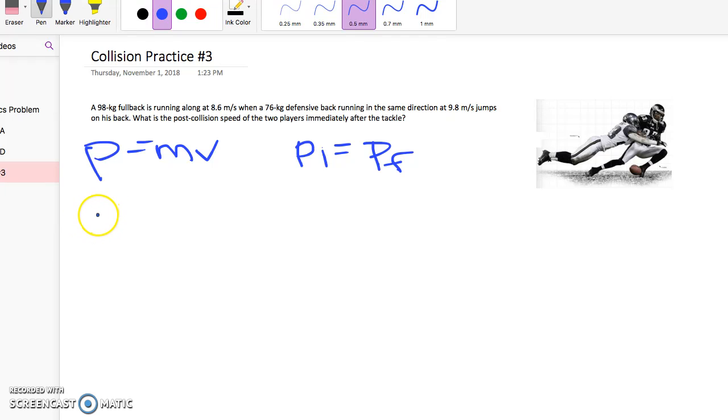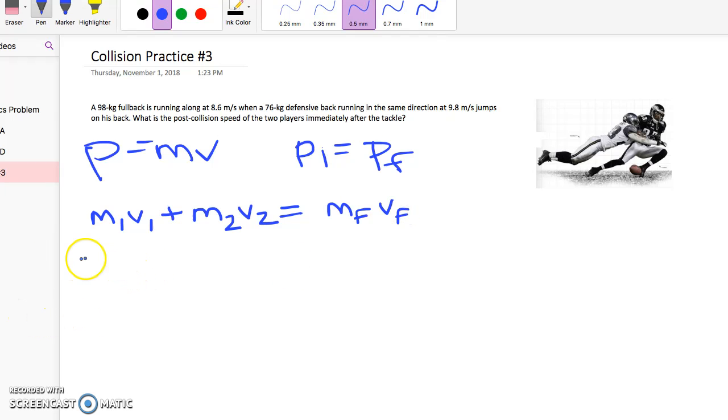So we can set this up: m1 v1, that describes our fullback, plus m2 v2, which describes the defensive back. And after the collision, they are together. So it would be your final mass times your final velocity.